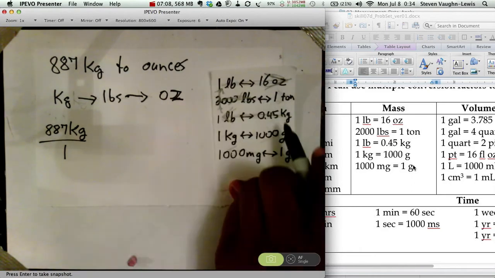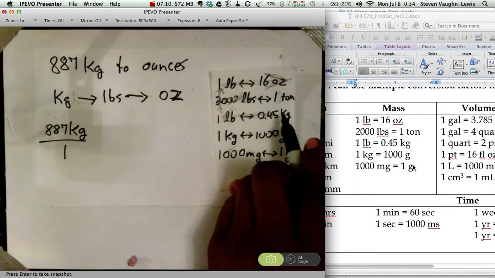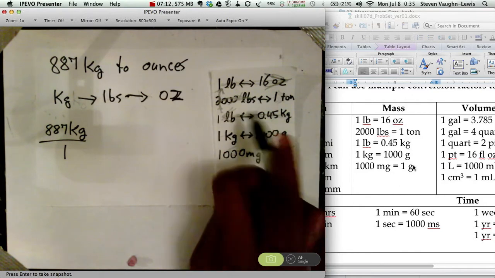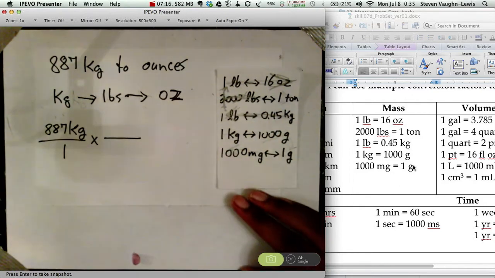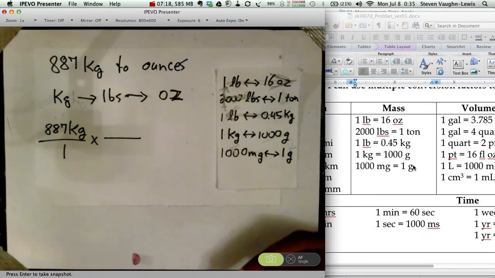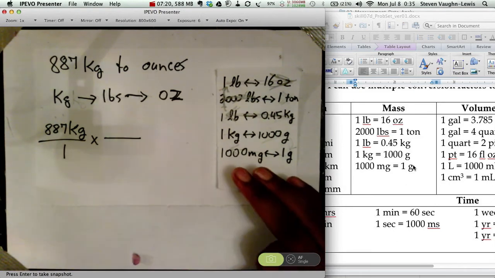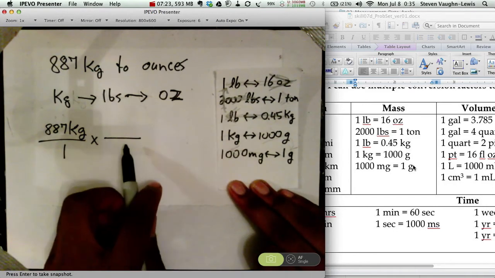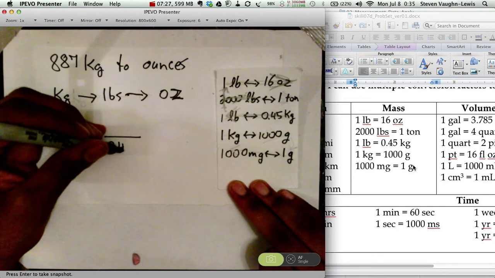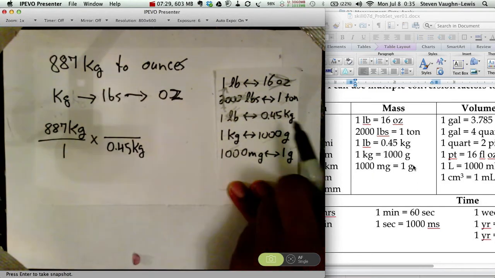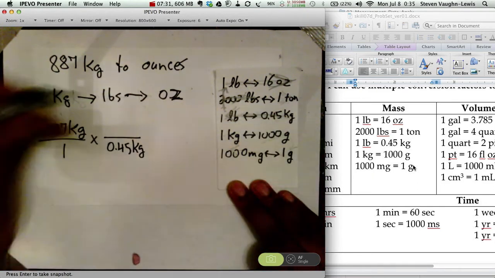I know 0.45 kilograms equals 1 pound, so I need to have the right conversion factor. Which one is going to let me cancel? I want to put kilograms on the bottom, because then it'll cancel. So 0.45 kilograms on the bottom, and then 1 pound on top.